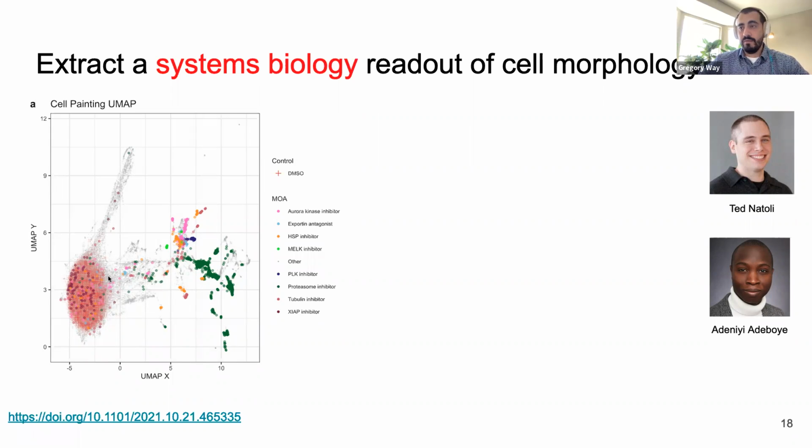And you can see that many of the drugs are moving away from this blob of DMSO controls, which are the plus signs. There's not a ton of diversity here. So it's not like what you see typically in a single cell RNA-seq UMAP, where you have a bunch of islands that represent the different cell types.